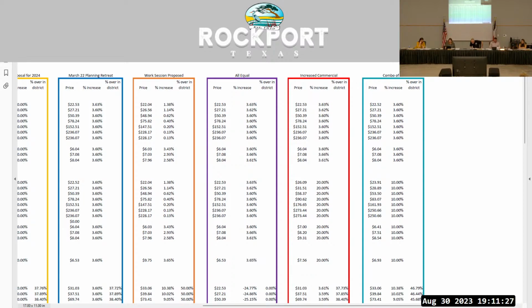So for clarity on the combo, it's the same for inside as outside, for residential, and it's the same for inside and outside for commercial. Not the same rate, but it's the same increase. Yes, sorry, ma'am. You said you're not comfortable with the mix. No.